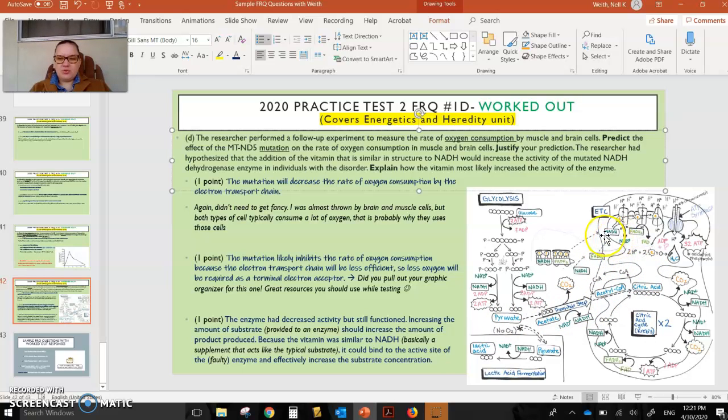So if you provide an enzyme with more things it can work on, it can create more product for you in the end. It's sort of like putting more stuff at the beginning of the factory line in hopes to get stuff at the end of the factory line. And if the initial worker doesn't want to work on product A, will it work on product B to still get the outcome? So that's what was happening in D.